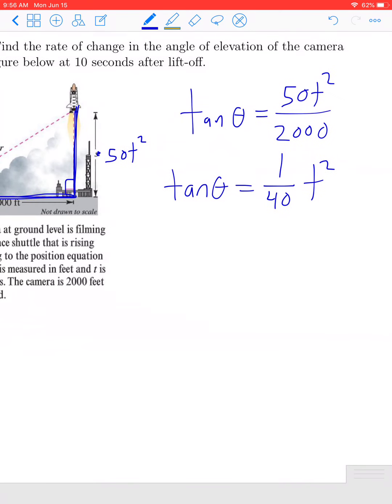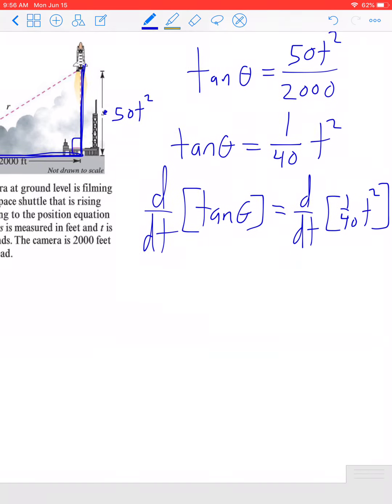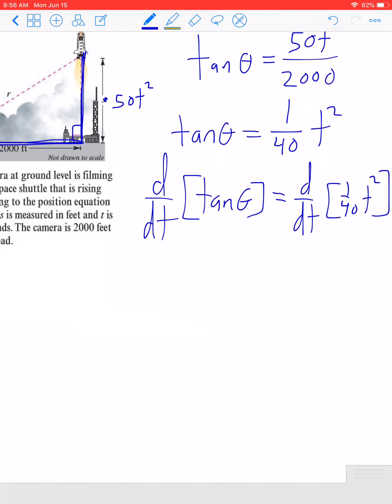We want to find the rate of change with respect to time of theta. That's d theta/dt. So let's go ahead and take the time derivative of both sides. Take the derivative of the left-hand side. We need to take the derivative of the right-hand side. We recall that the derivative of the tangent of theta is secant squared theta.